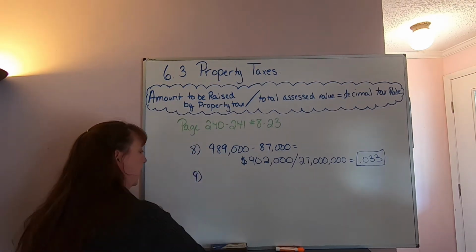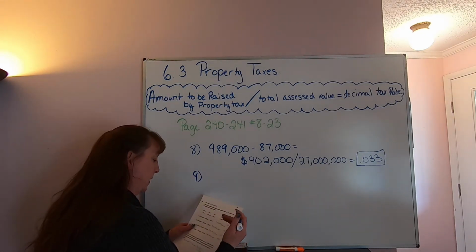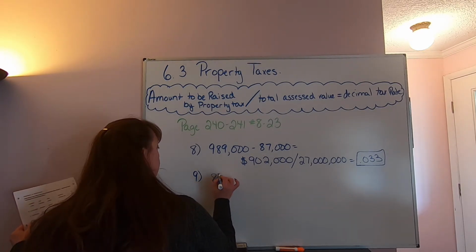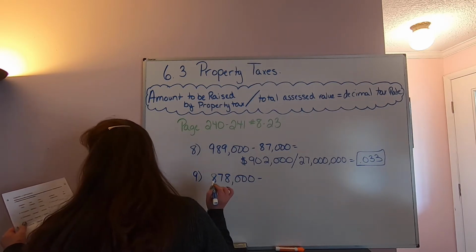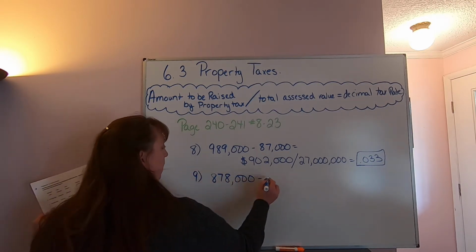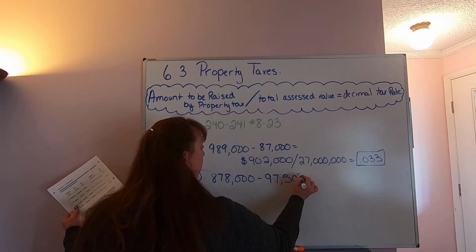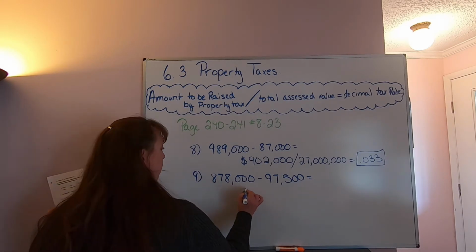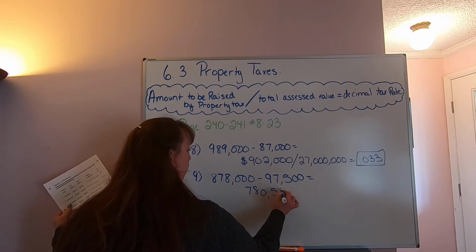In question number 9, you have the total expenses, which was $878,000. We're going to subtract from that other income, which was $97,500. We find the difference between those two, which comes out to $780,500.